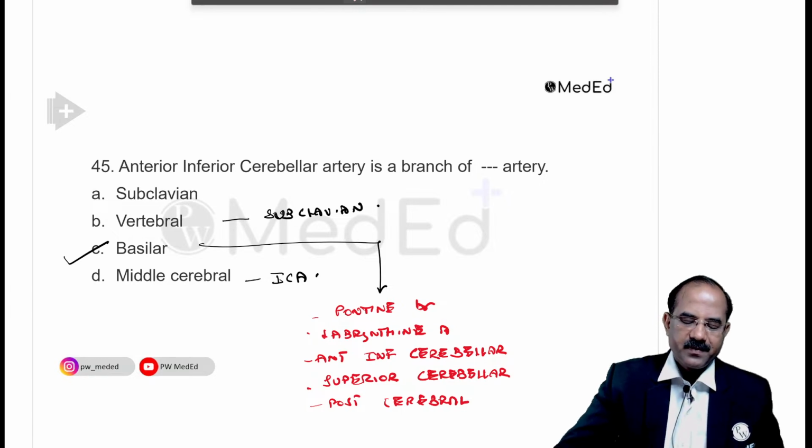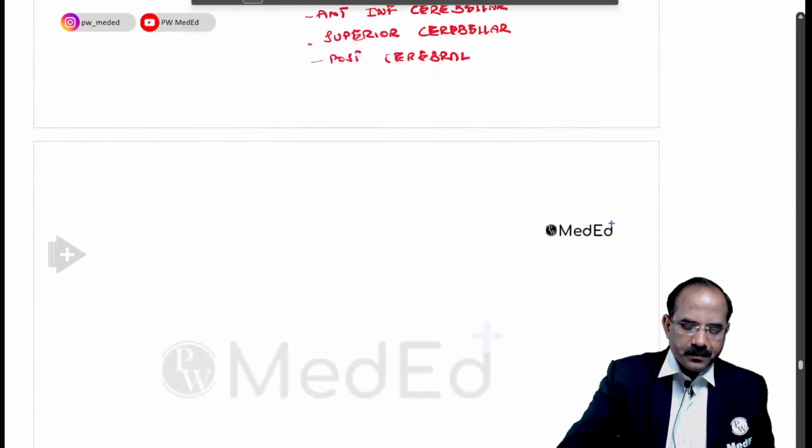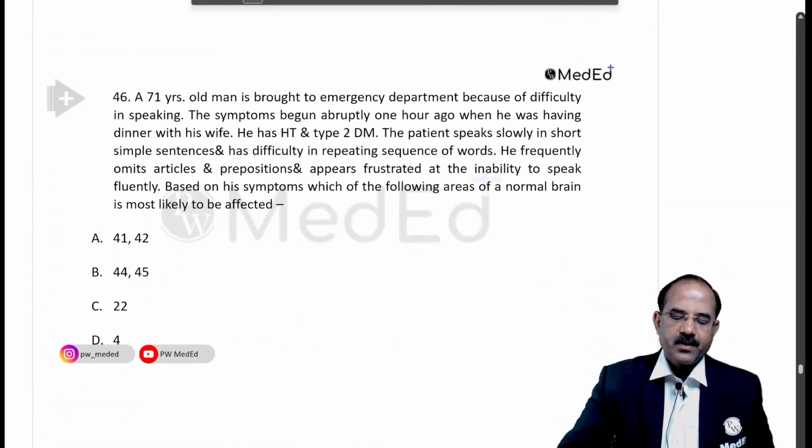Okay, just remember these branches of the basilar artery. Coming to the next MCQ.